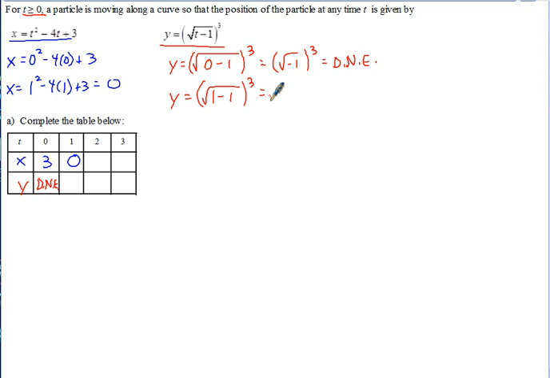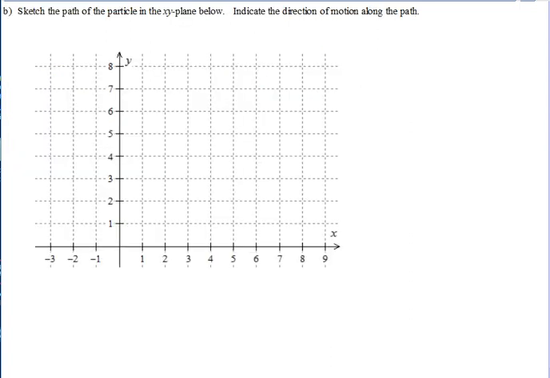That's the first number that works; anything between 0 and 1 would also be imaginary. So you plug in 1, the square root of 0 is 0, cubed gives you 0. So this first point we actually have starts at the origin, 0, 0.